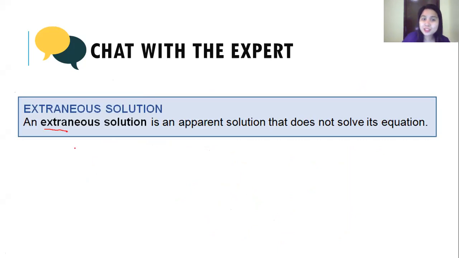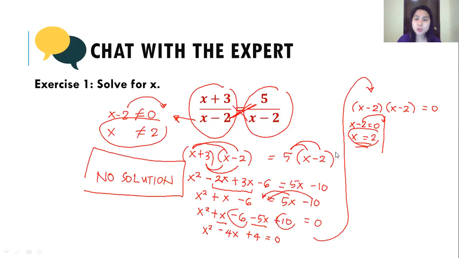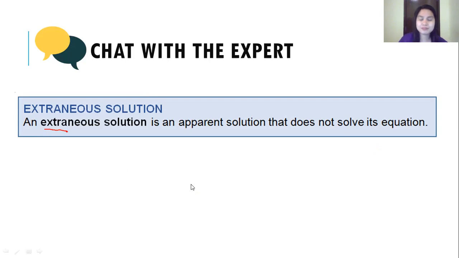An extraneous solution is a solution that you got after solving the equation, but it will not make the equation correct. Like what we had a while ago. We have solved for 2 in the equation, but when we substituted it, it will not make the equation correct. So we call it an extraneous solution.